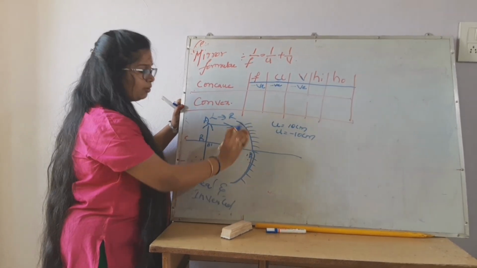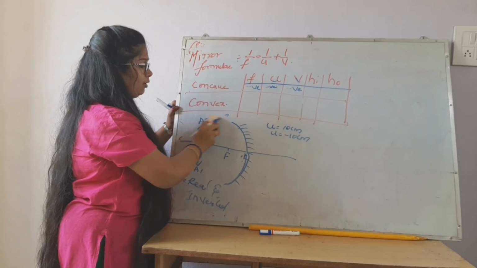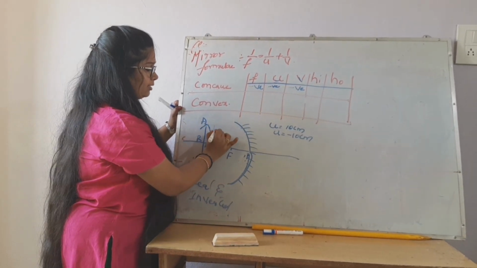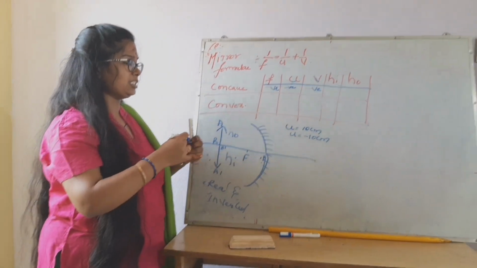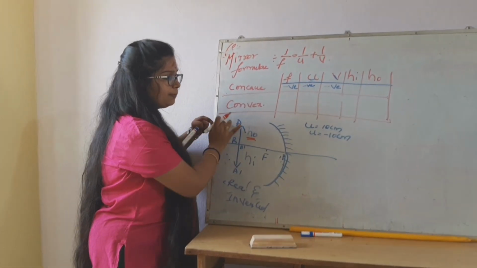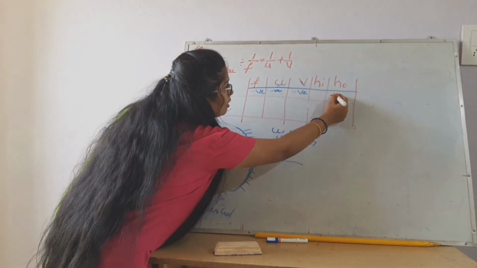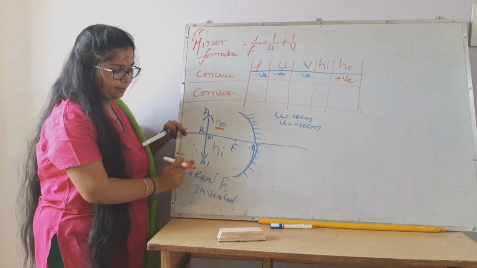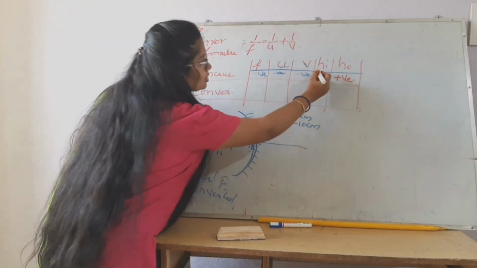For the height, you need not consider the incident light and all. This is object height, h naught, image height, hi. Above the principal axis, height will be positive. Below the principal axis, negative.